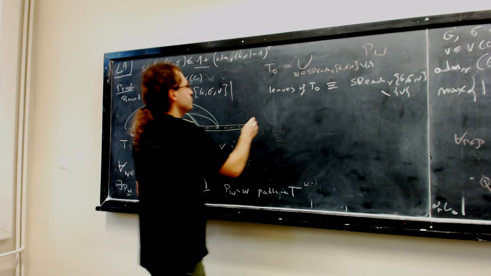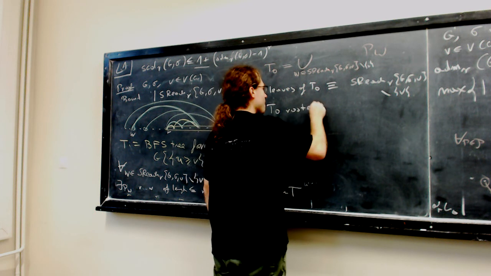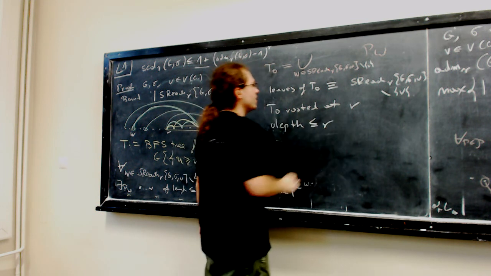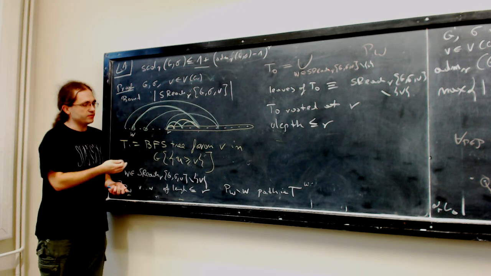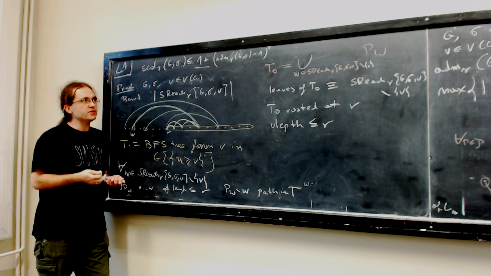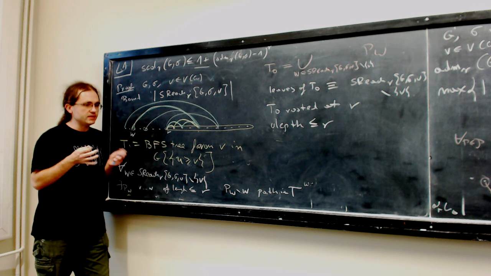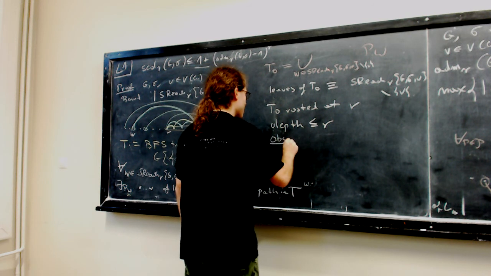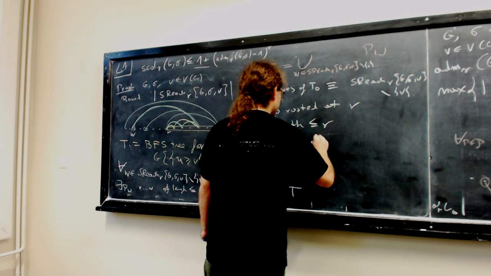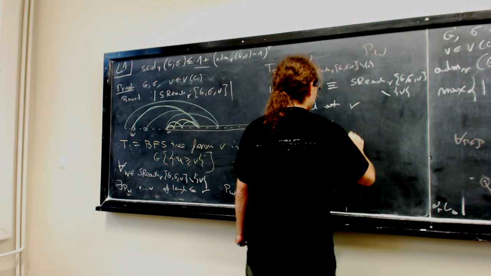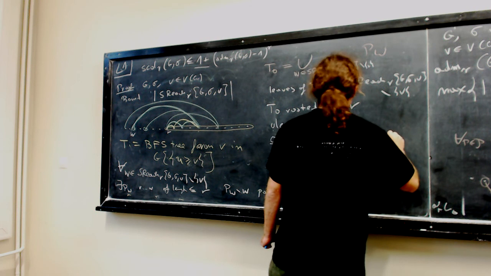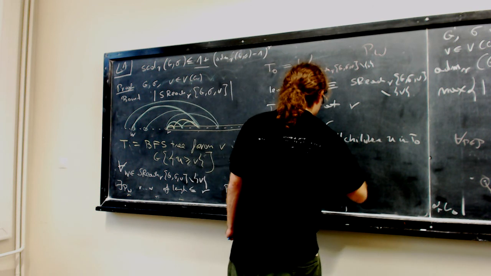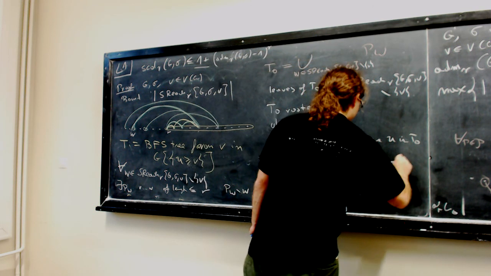T0 is rooted at V, and it has depth at most R, because these paths are of length at most R. The crucial observation is that for every U in T0, the number of children of U in T0 is smaller than admissibility minus 1.